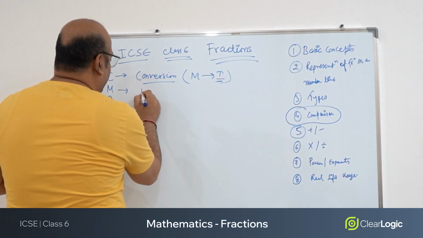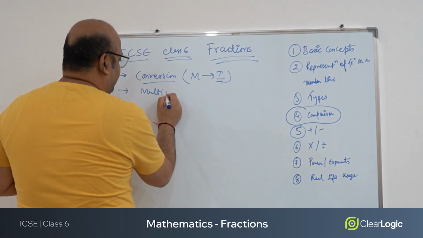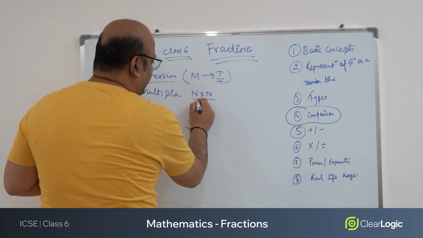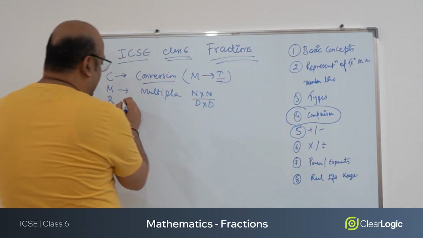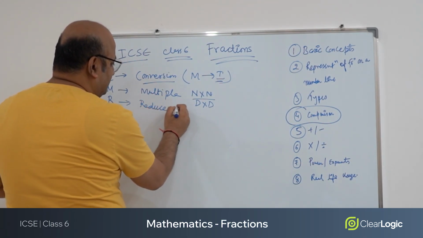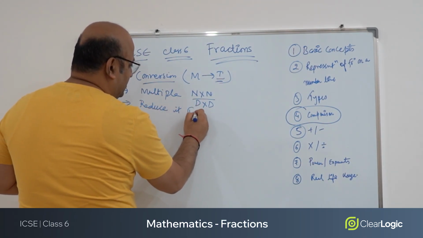Second thing is multiply. Multiply numerator with numerator and denominator with denominator, and then reduce it further using the cancellation method.